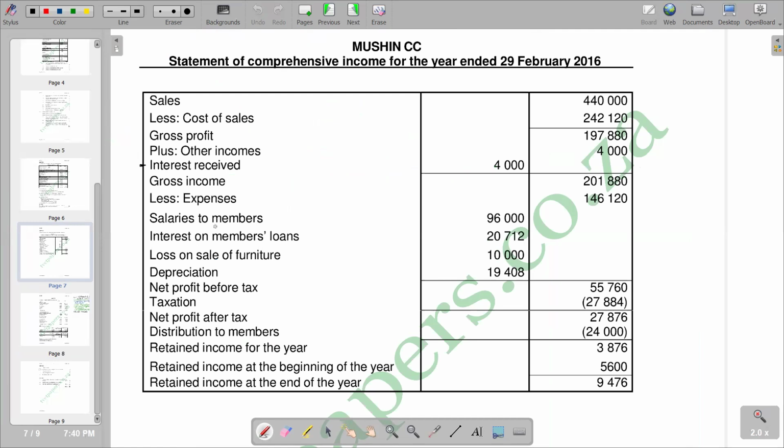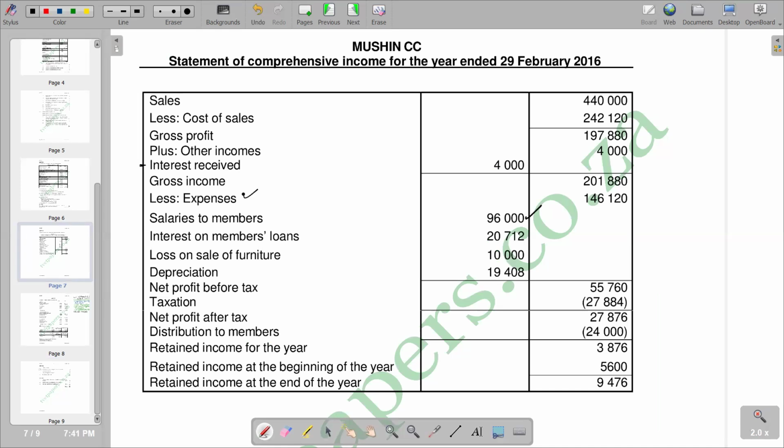I'll go back to see what other items we can adjust from there. If you go down, you'll see that we have salary to members, which is 96,000. It's also part of our operating activities, and it is an outflow, obviously, because it's under expenses. So we show it as a negative.